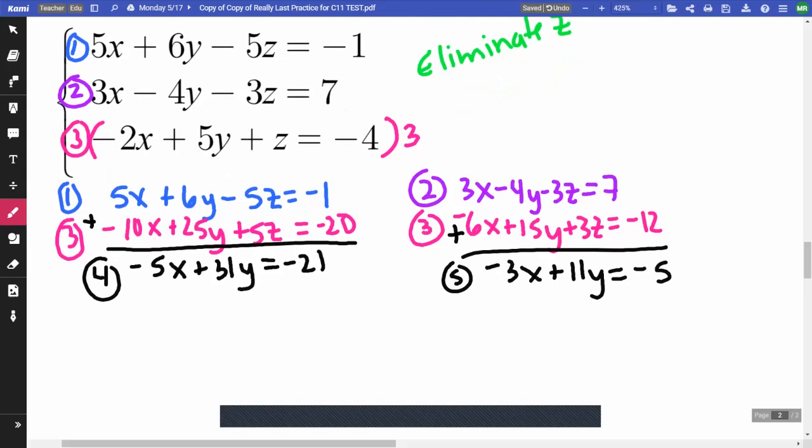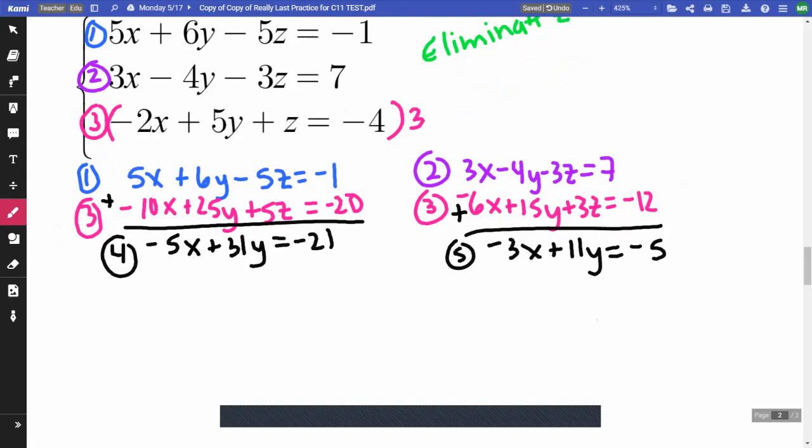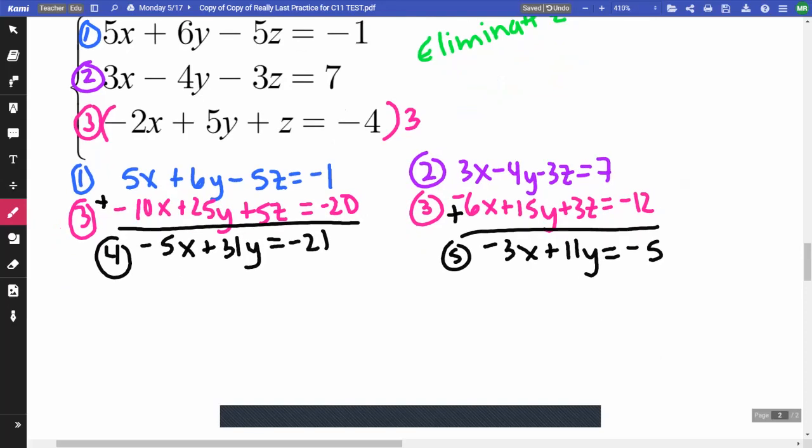Looking at these, my x's and my y's, neither one's super nice, but I think the x's are probably nicer than my y's. So I'm going to try to eliminate my x's. What I'm going to do is try to make these become one of them positive 15, one of them negative 15.